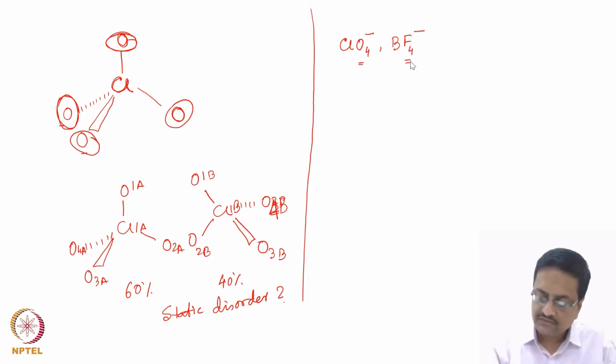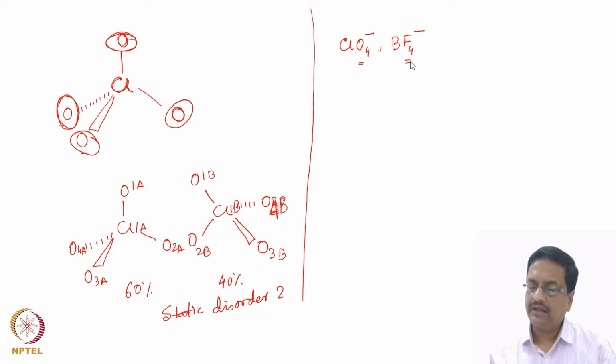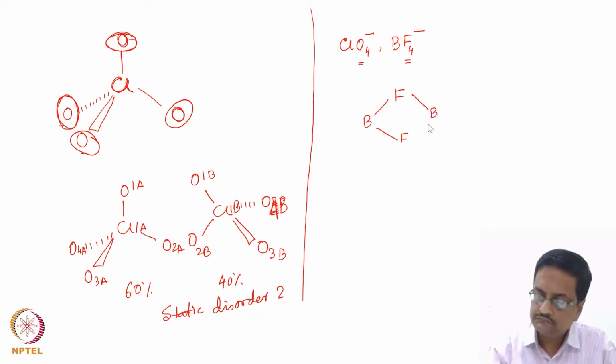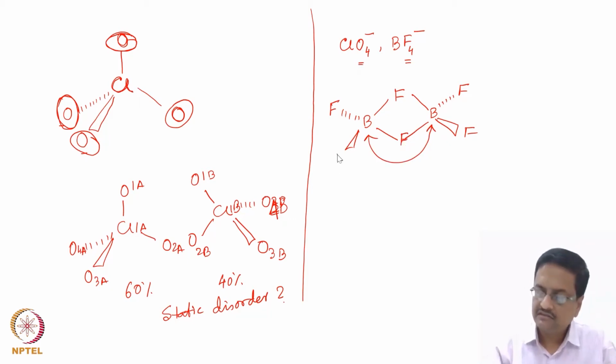One more kind of static disorder one may encounter is this one. So boron is disordered at two different locations.